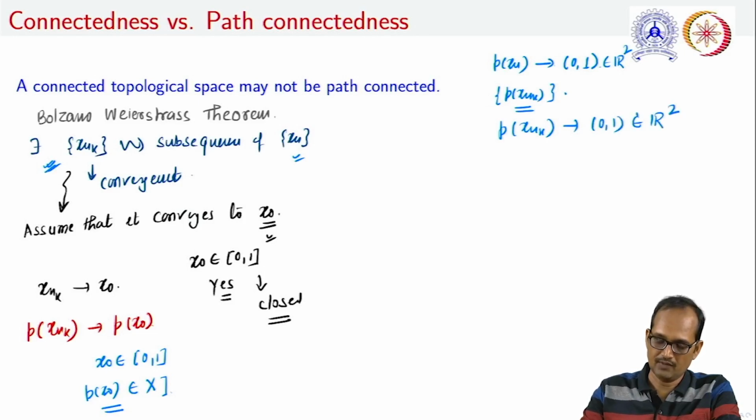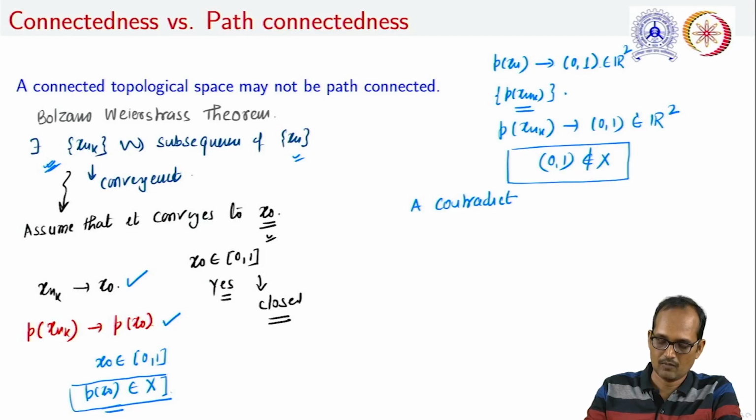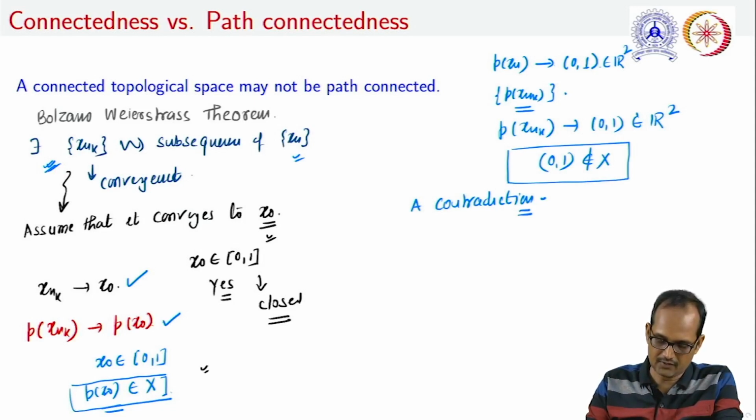It is to be noted here that the element (0, 1) is not an element of X. At the same time, if x_{nk} is converging to x naught, p(x_{nk}) will converge to p(x naught), and in this case p(x naught) is an element of X. So this is a contradiction. Even it can be justified that p(x naught) is nothing but a point in X.